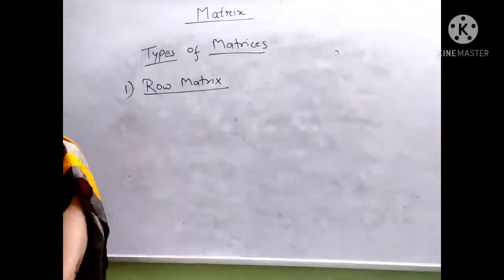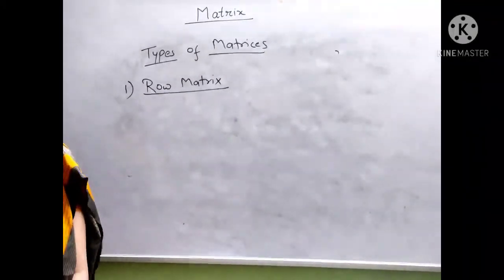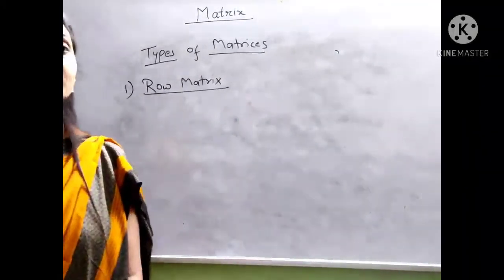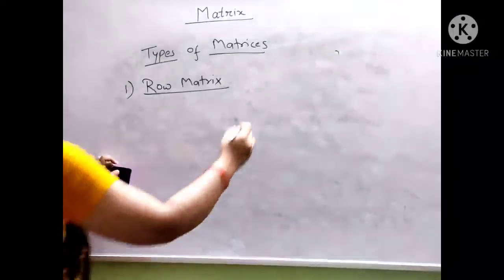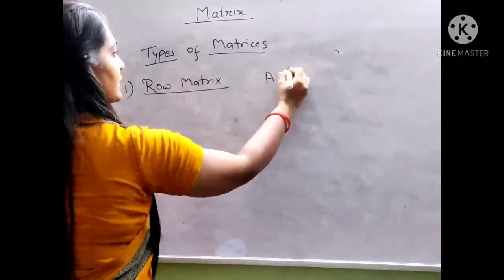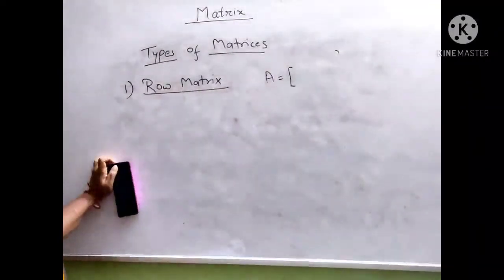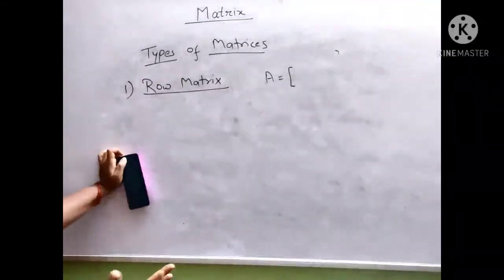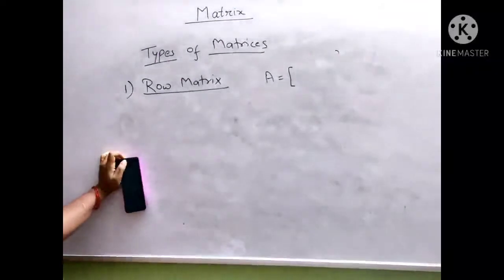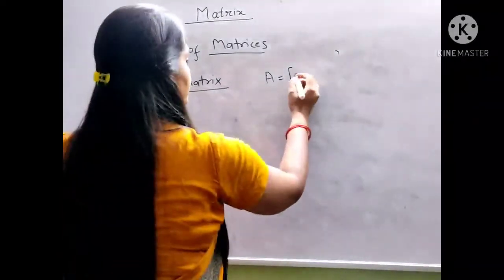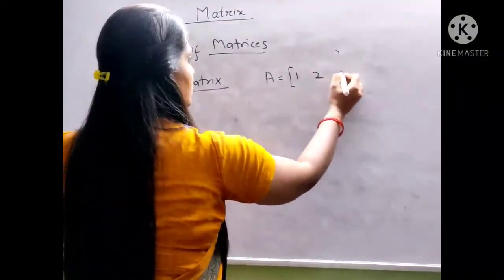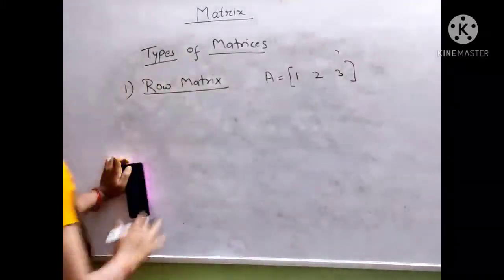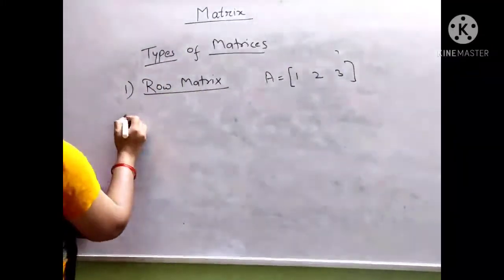A matrix is said to be a row matrix if it has only one row. So how can we represent it? We have to make a matrix having only one row. We know a row is a horizontal line. So this is an example of a row matrix.